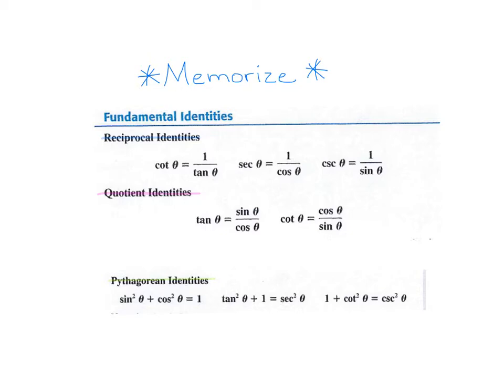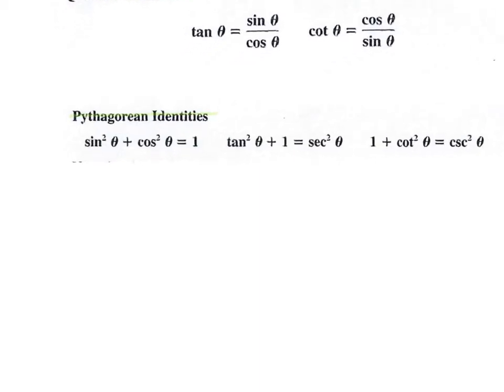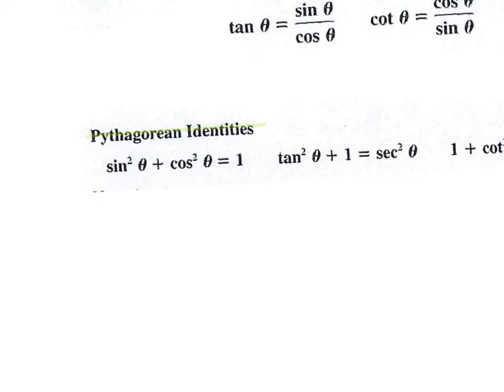Now, you need to be able to manipulate these Pythagorean identities and be able to recognize different versions of it. And what I mean by that is maybe you'll be given an equation and you're going to have maybe a sine squared theta that you want to replace with something. So what we can do is take this first one and we could solve it for sine squared theta by subtracting cosine squared theta from both sides.